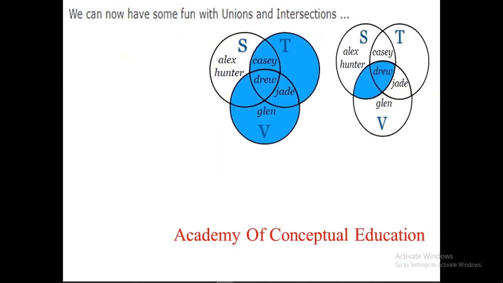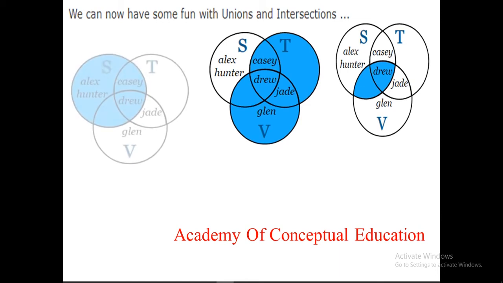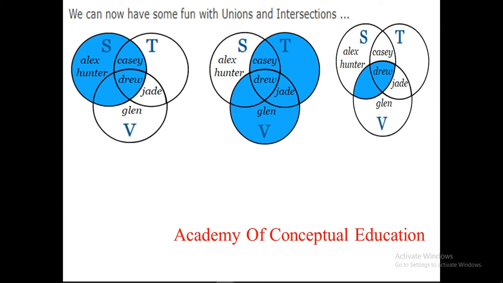Now here we can see the first diagram shows the union of T and V, tennis and volleyball, because the shaded region is this. Actually, this one represents the set S, so we will say that this is set S because only the set S is in the shaded region.